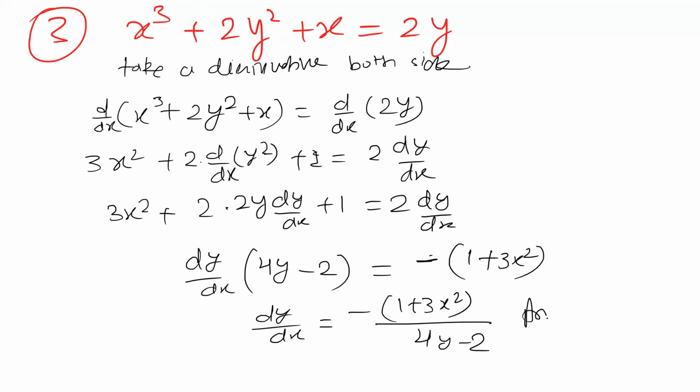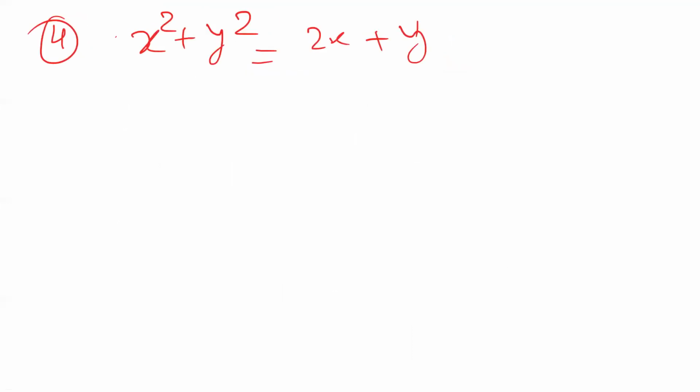This is my final answer. Okay, so in a very simple way you can deal with this type of question. Okay, hope you understand this type of thing. So the last question we are also solving so that we will get more understanding.